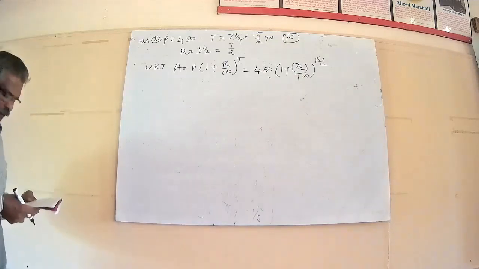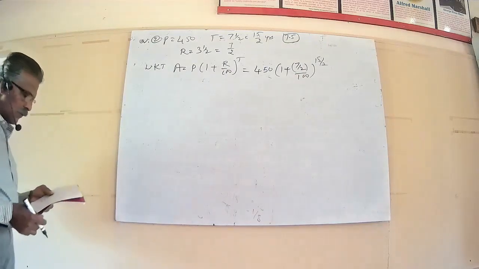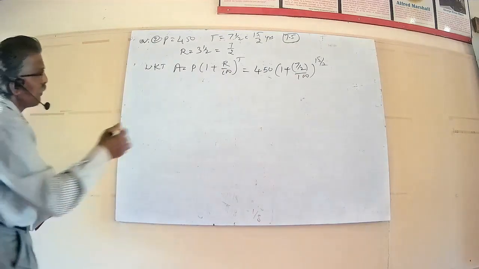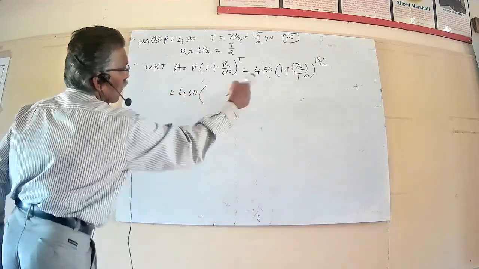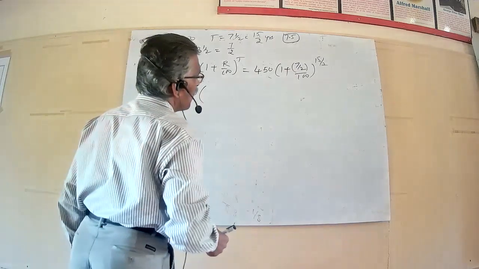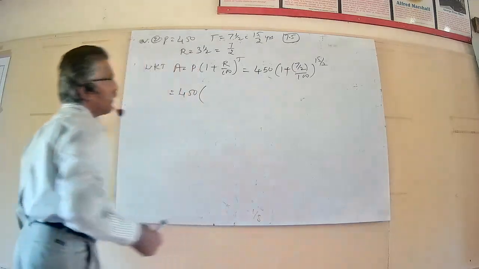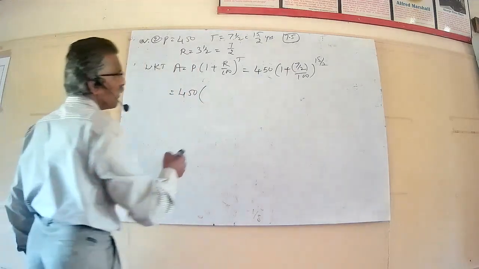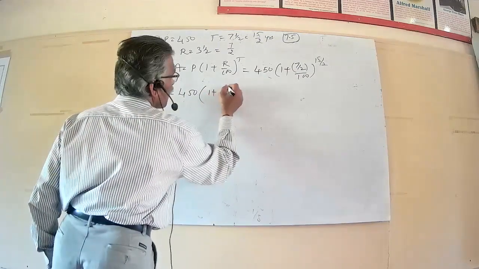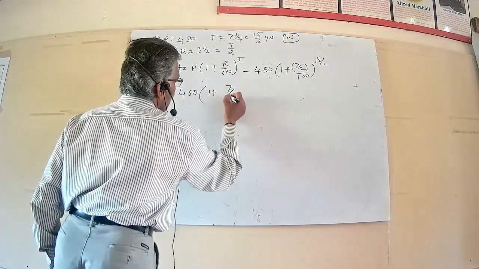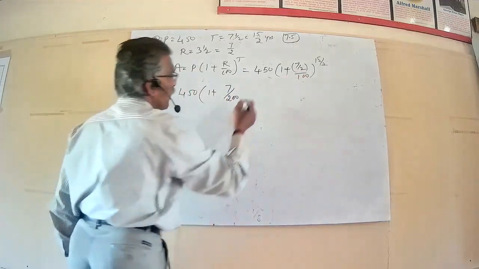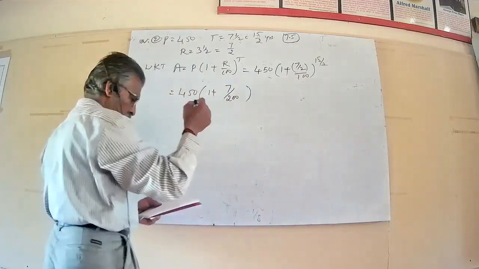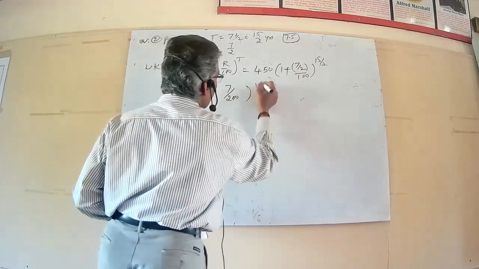That is equal to 450 into 1 plus 7/200. Now this 2 goes below, 2 into 100, 200, raised to 15/2.